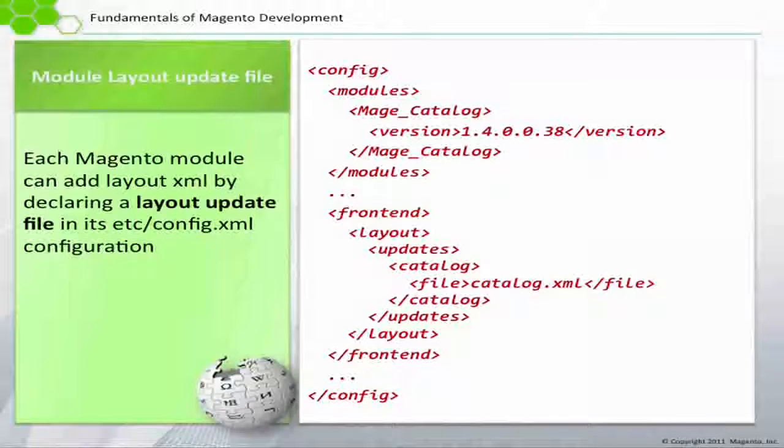All right, so our layout, we saw this in the previous lesson, where in our configuration, with which we are so intimately acquainted at this point, we have a front-end node for front-end layout updates, so this would just have to be the path that you remember.